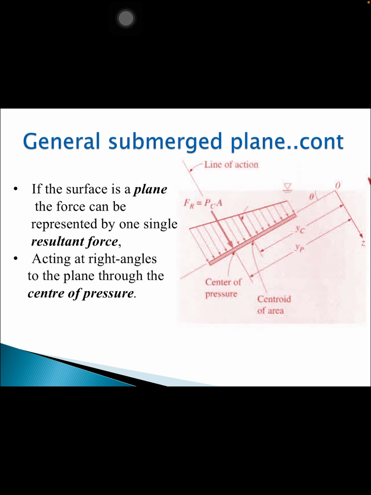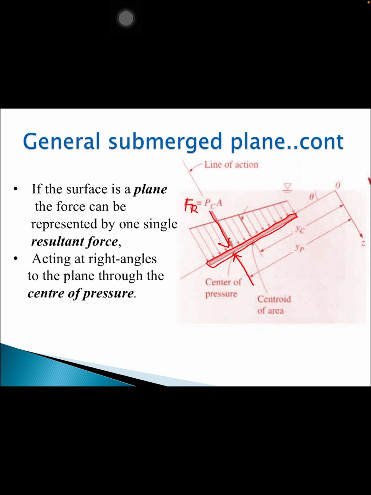And this is the general submerged plane, where this is our plane. Okay, and we have to calculate the resultant force, this FR, which acts on the center of area, the centroid.